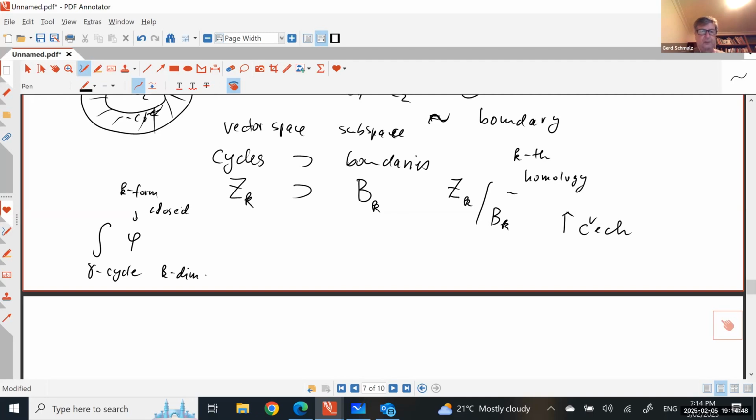So a closed form over a closed cycle actually turns out to depend only on the cohomology class.